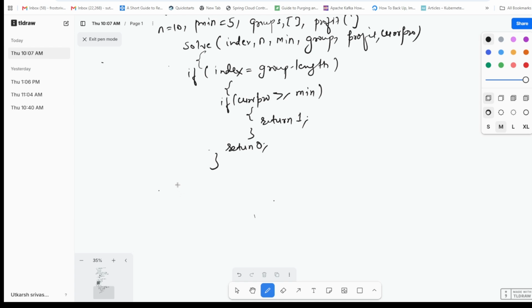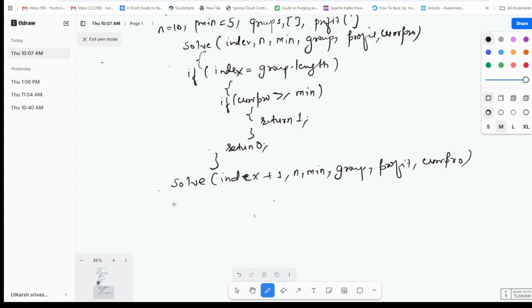So first we will write for skipping. If we skip that, it should simply be index plus 1. We are just skipping it, so the number of persons, the min profit, and the current profit remain the same, because we have skipped, right? So profit will not increase.